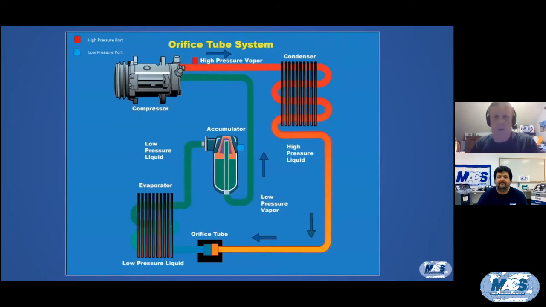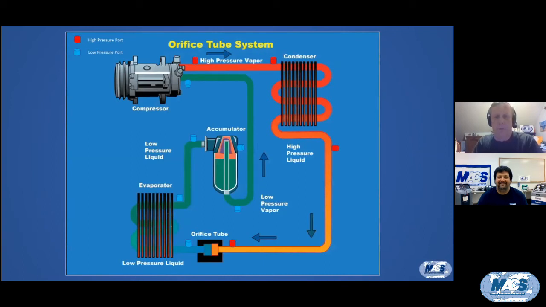In this particular system, we have a high side service port located on the outlet of the compressor, and we have our low side service port over here on the accumulator. Now, going back to my wish list of service ports, I believe there are 10 service ports on this slide.